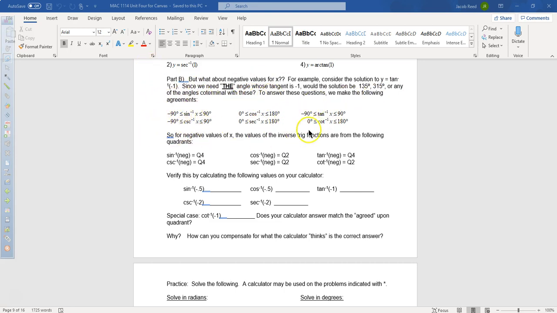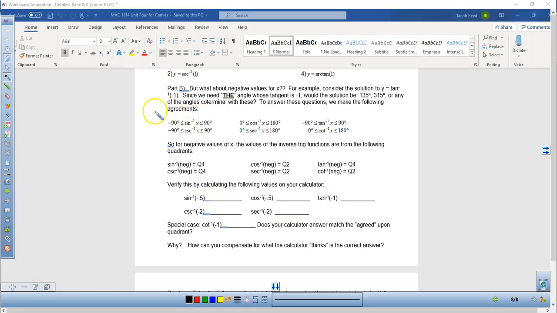You need to make sure that you pay close attention to these, write them down, or keep this note sheet handy whenever you go to use your test, because these are going to be important. If we're talking about sine, then it's going to be between -90 and 90. I'm going to write the radians above it just so we have them: negative pi over 2 to pi over 2.